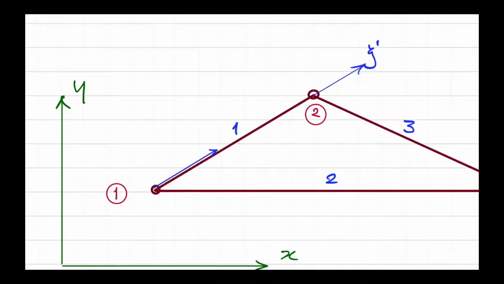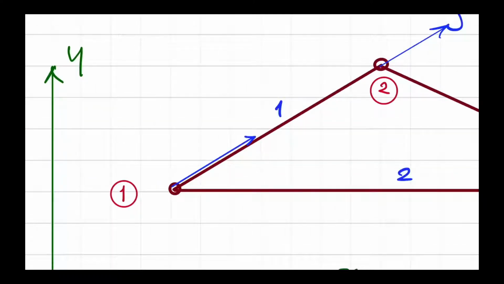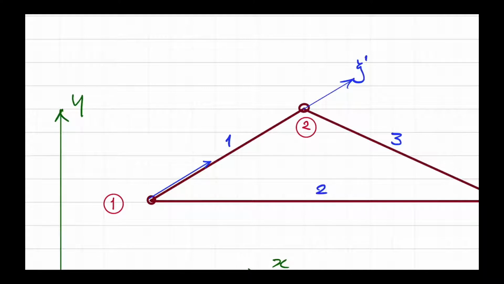Now, along the local coordinate direction at node number 1, this is the first node. If we call it the first node for element number 1, you can see that the local coordinate is pointing towards the upper right side. So the left one is the starting node.